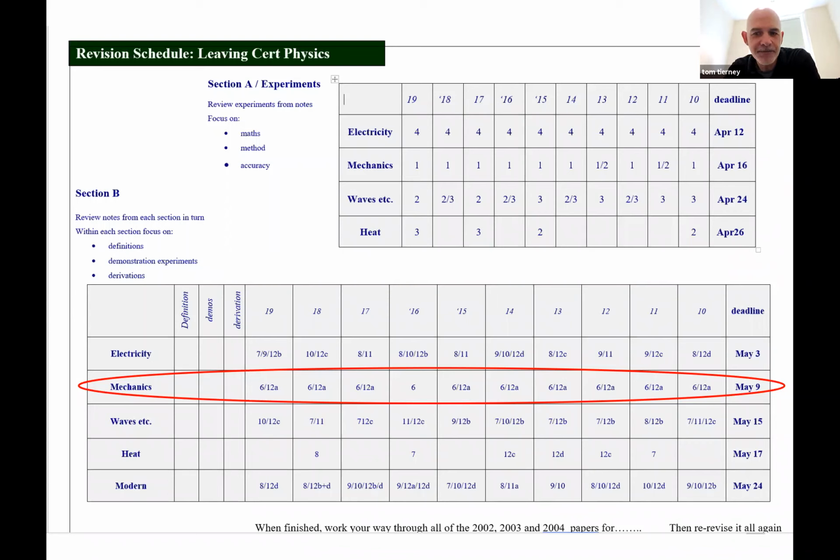Anything else? Yeah, we have just two more. When dealing with equations, would you rearrange equations, getting what you want on one side and then input values, or vice versa? Whatever you like to do. Personally, I like to rearrange the subject of the formula, and that's the way you learned it at junior cert. I prefer to do that first and then to sub in.